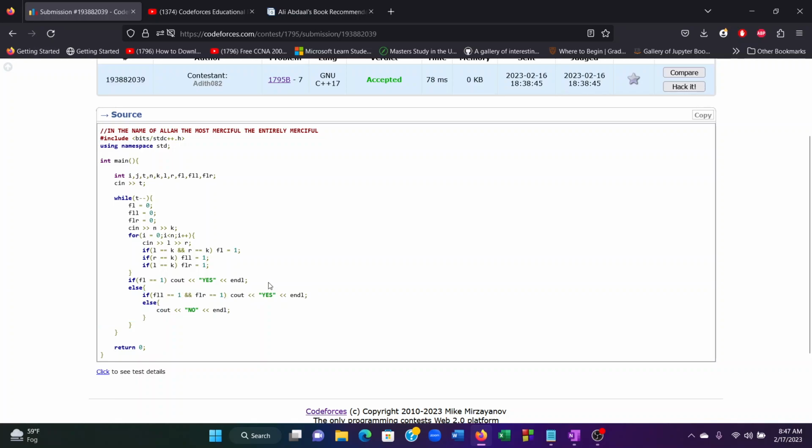Also, there could be one additional corner case where there might not be a range which contains the number k. In that case, the answer would be no, of course. And apart from that, the solution is just as simple as we talked about. We will only care about those two ranges, and that's all.